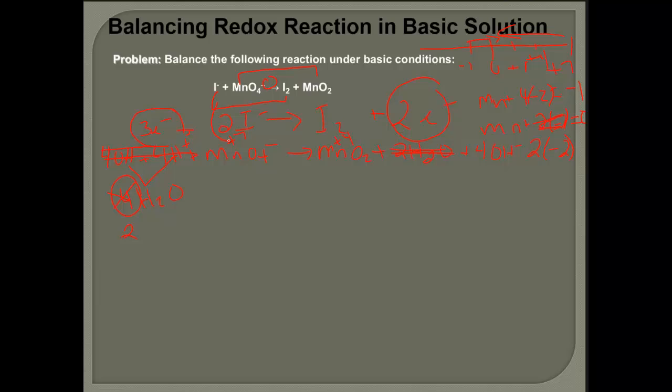The top equation I'm going to multiply by 3. And on the bottom number, to get those 3 electrons equal to 6, I'm going to multiply the bottom equation by 2.